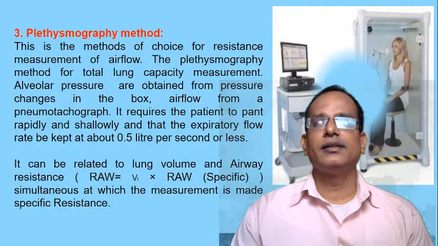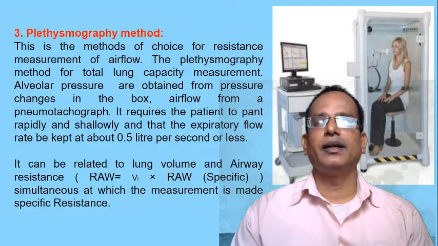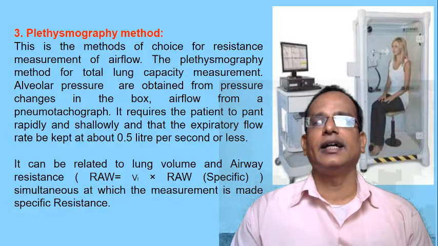So this is the plethysmography method. They make the person sit inside a chamber which contains some pressure, and when they ask the person to inhale forcefully, there will be airflow changes in the lung. They measure the airway resistance in all the paths from the esophagus up to the alveoli.